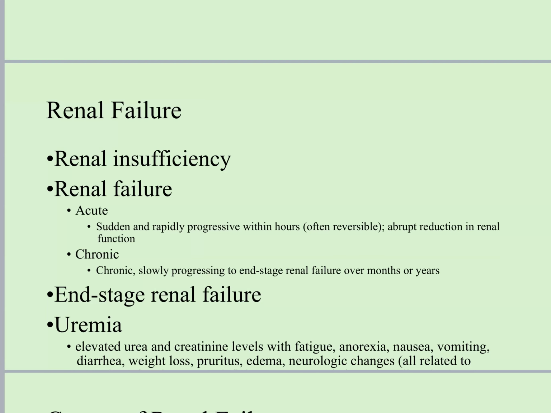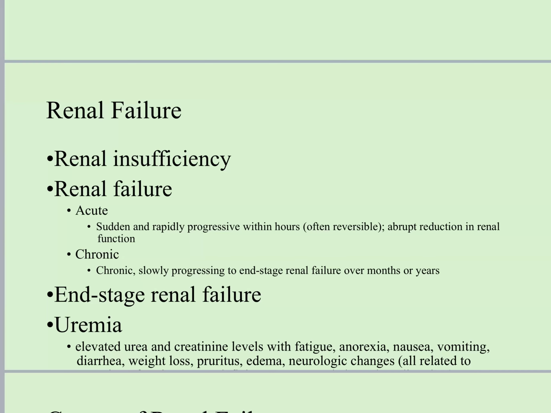So a more sudden event causes a sudden problem. That's acute renal failure. Usually they can do dialysis to help with that acute problem, and a lot of times, especially if the patient is younger, they will get better, and their kidney will recover full function.